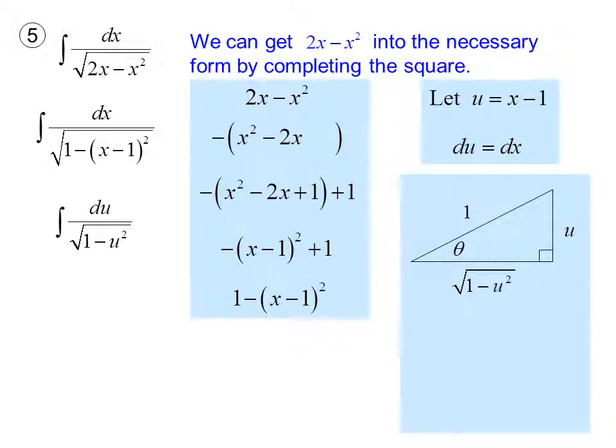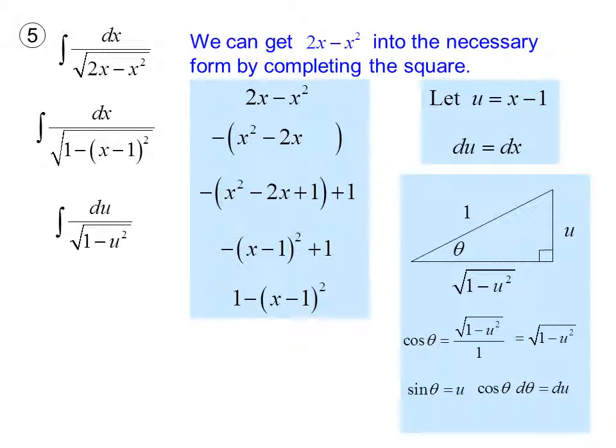Using this triangle, we see that cosine theta equals radical 1 minus u squared over 1, equals radical 1 minus u squared. Sine theta equals u.